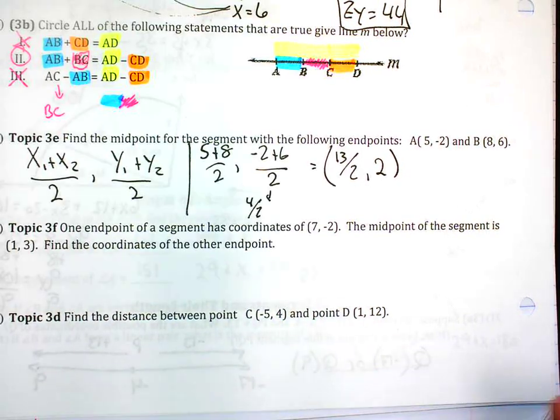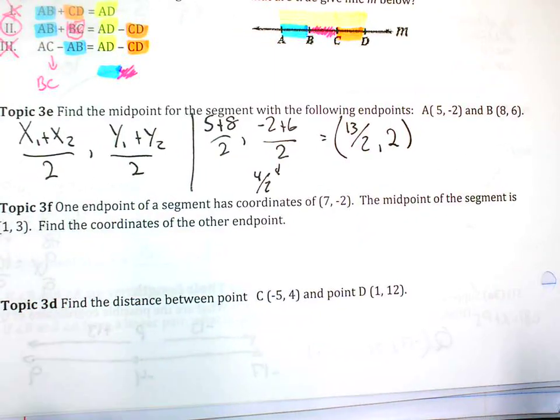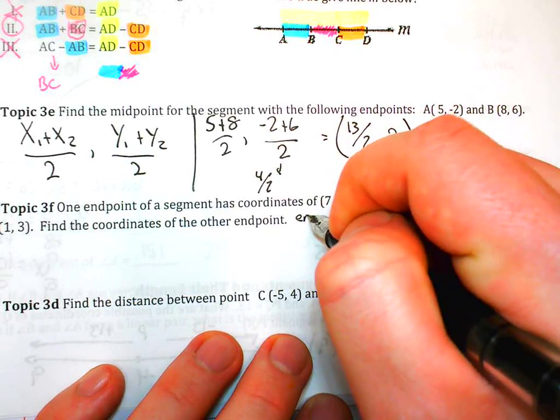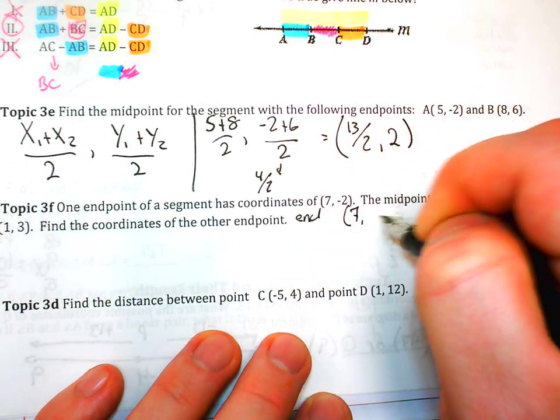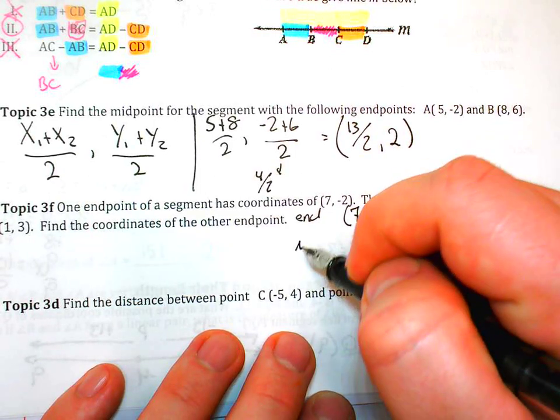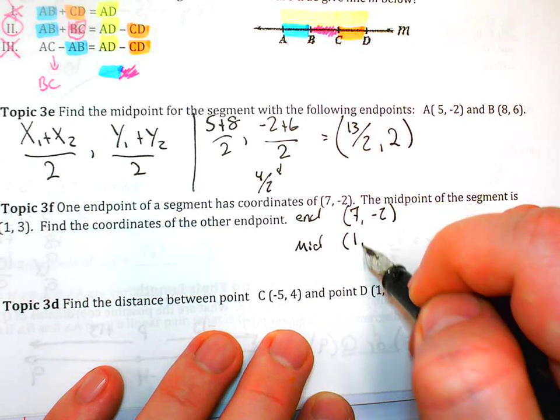This is where I have to set up my problem and try and work backwards. I know one of the endpoints is at 7, -2. That's like starting at 7, -2. The midpoint is where I got to halfway through my journey. So halfway, I ended up at 1, 3.